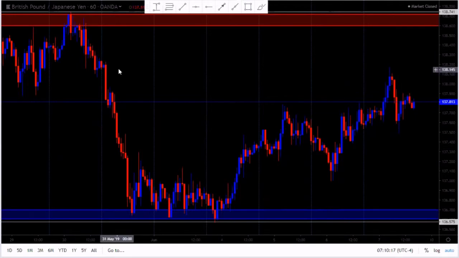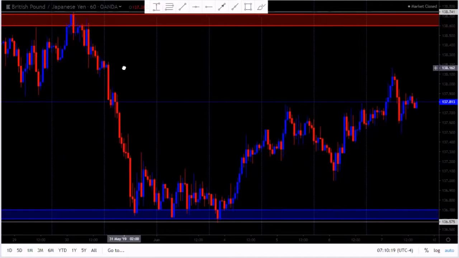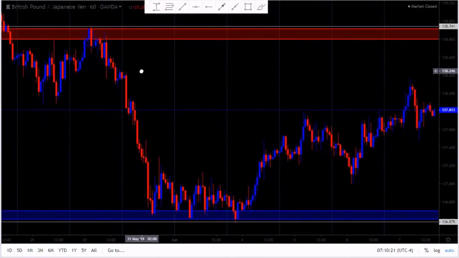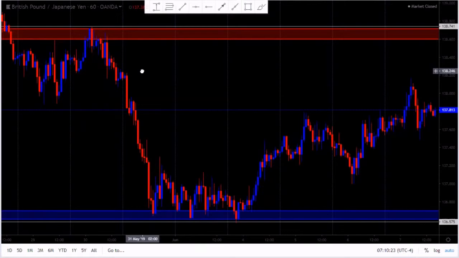What I do, very simply, let's move this over just a tad bit. I grab my horizontal line, and for those that don't know, or if you have a different method, I'm just going to explain how I identify potential support and resistance levels.